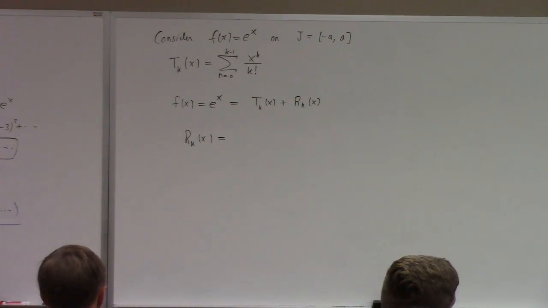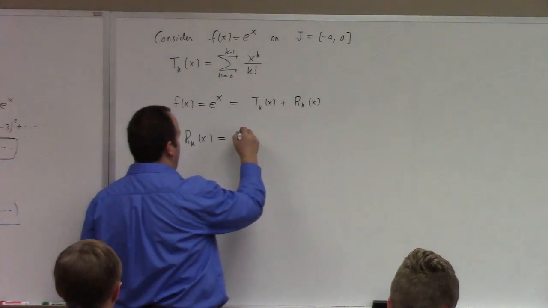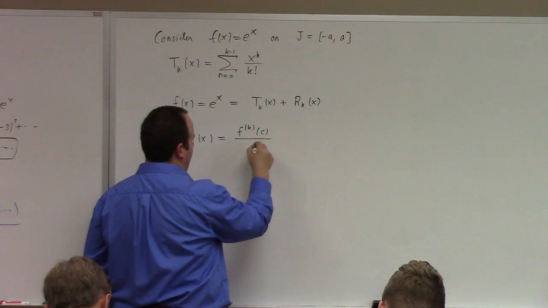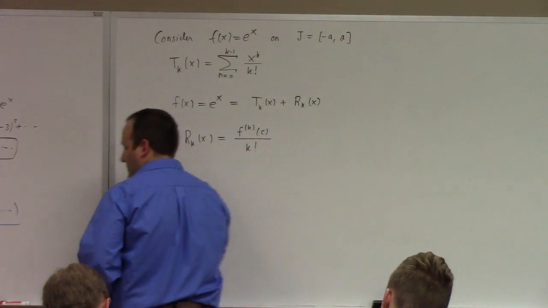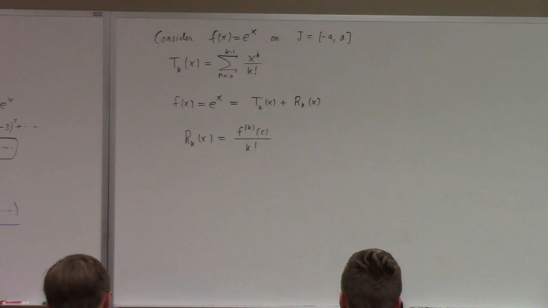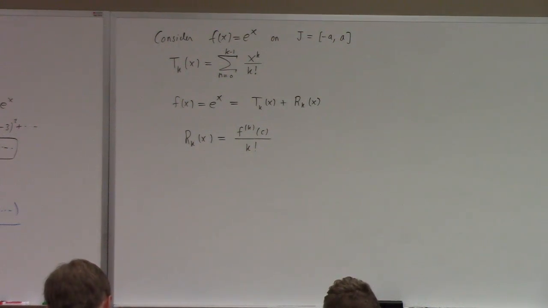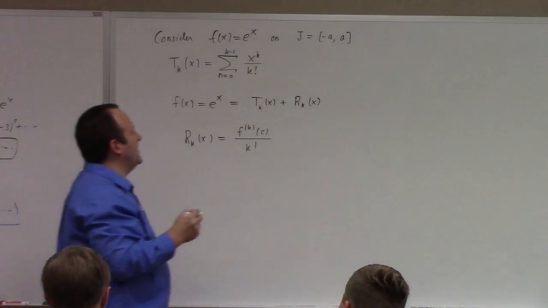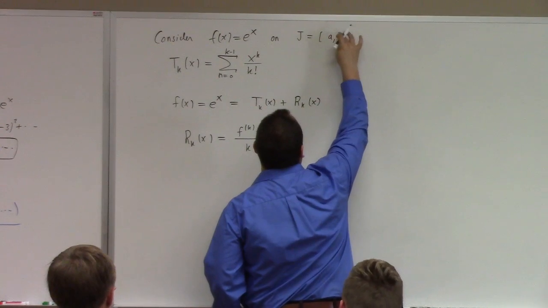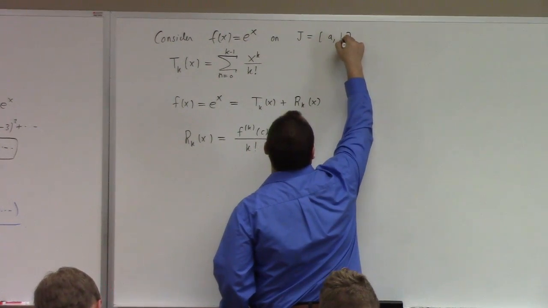Yeah, so the kth derivative at some c divided by k factorial times, well, I guess in this case, I'm sorry, my notation here is a little bit screwy. Let's do a and b so that it's easier for you to follow.